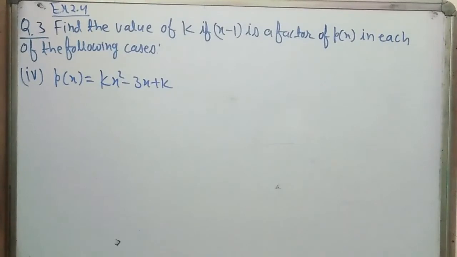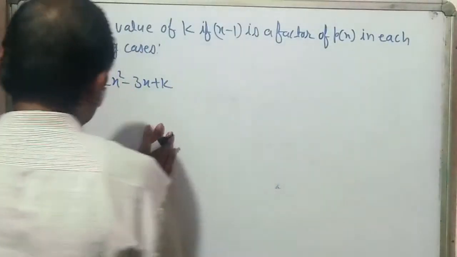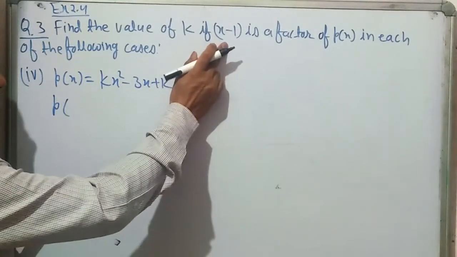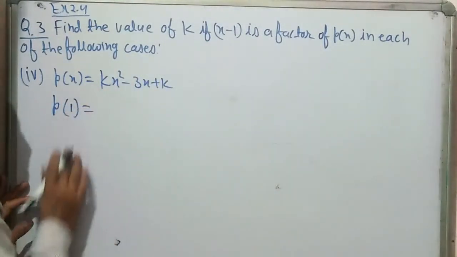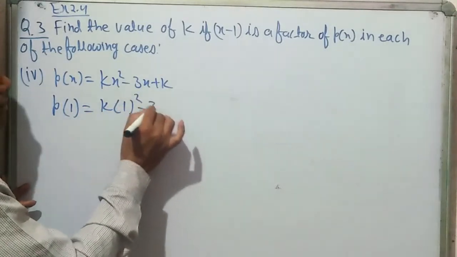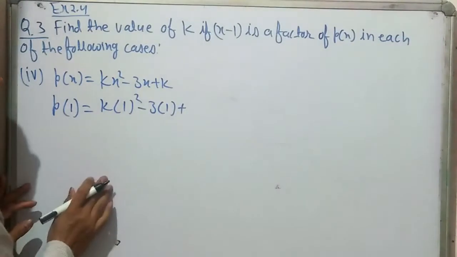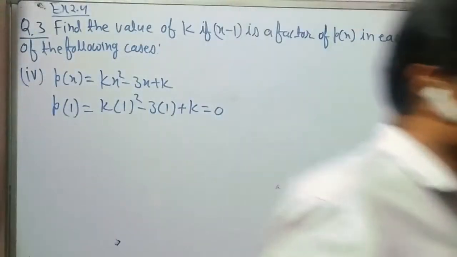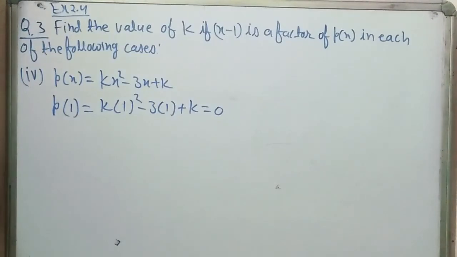The fourth part of this question is kx square minus 3x plus k. Let us do it fast because the same method is being used. P(1) we have to find. That should be k into 1 square minus 3 into 1 plus k, and this should be equated to 0.